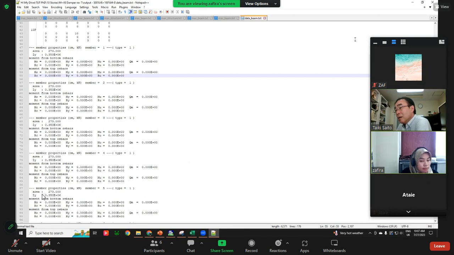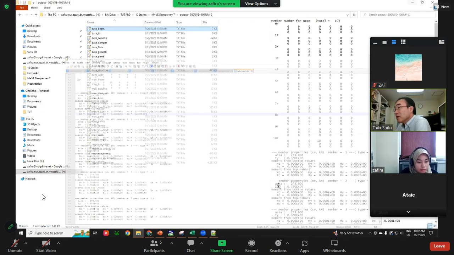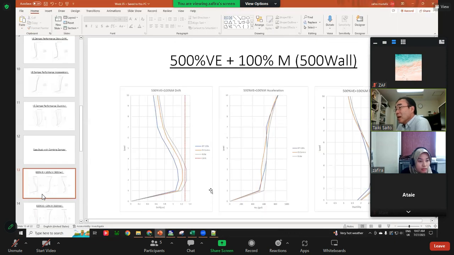Okay, could you go back? So 100% metallic damper means 2,900 kilonewton, so it is the capacity of the steel beam. Yes. So a ductility factor of more than 1 means the steel beam may yield.